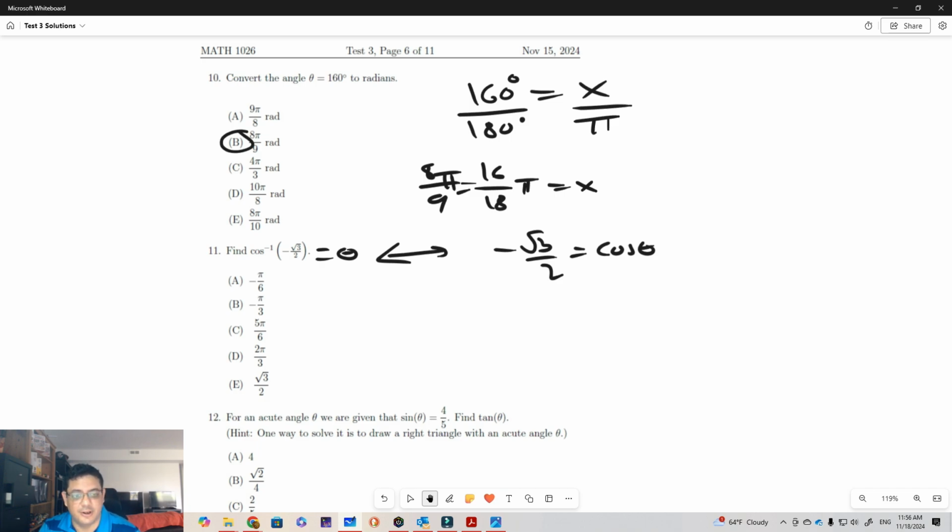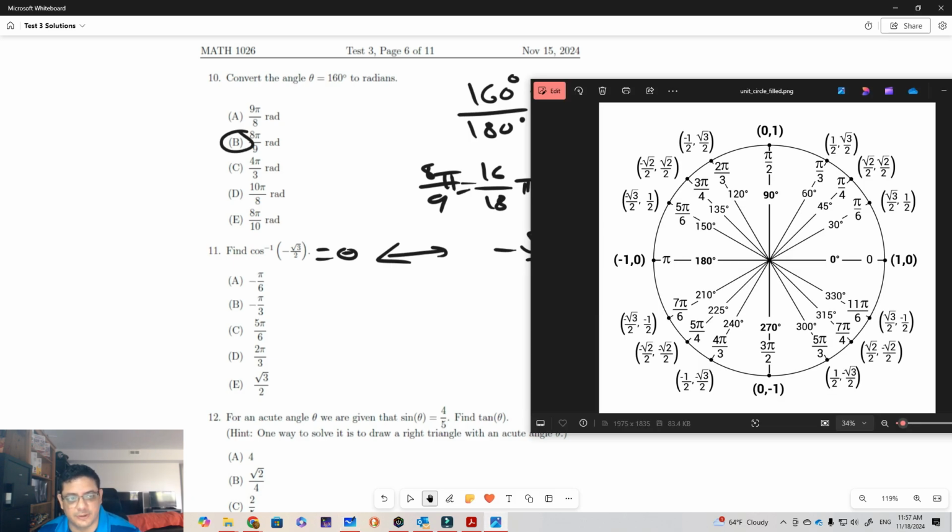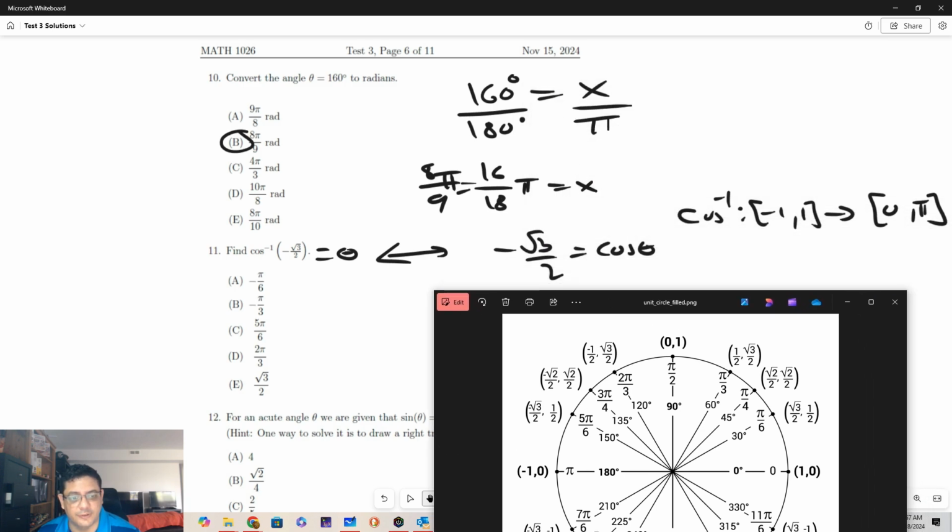But we also know that cosine to the -1 goes from 0 to pi. So this has to be an angle in the first or second quadrant. So now we go to our unit circle and look for an angle in the second quadrant so that the cosine gives me minus the square root of 3 over 2. We find out that it's 5 pi over 6.